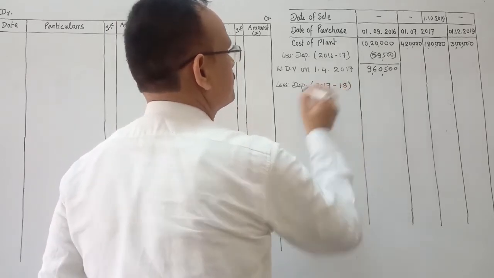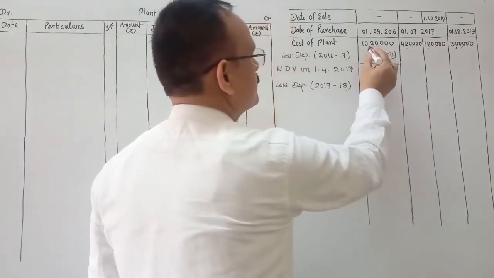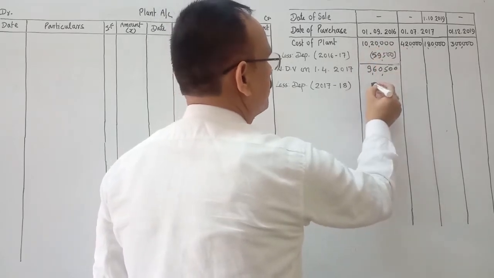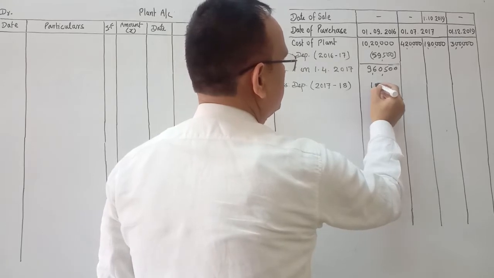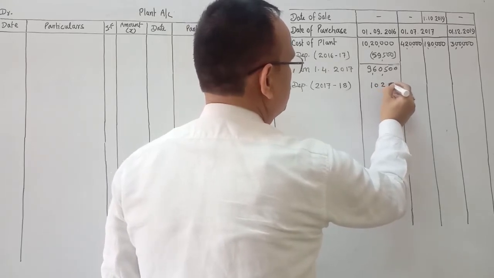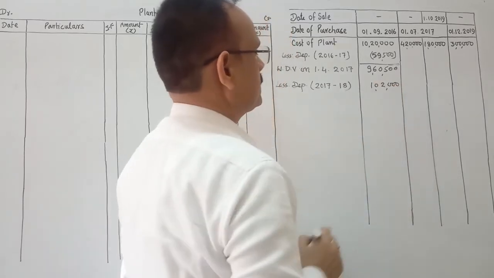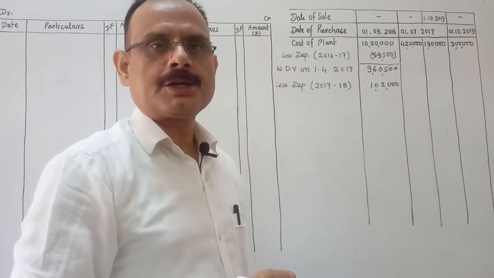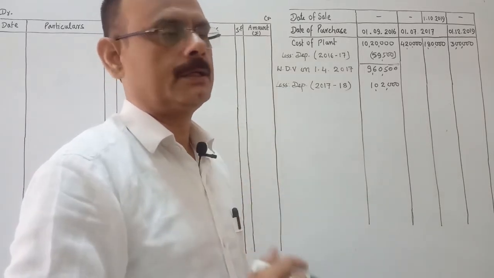In this financial year, depreciation will be calculated on the original cost at the rate of 10%. So this will be 1,02,000, 10% of 10,20,000, because method of depreciation is original cost method.